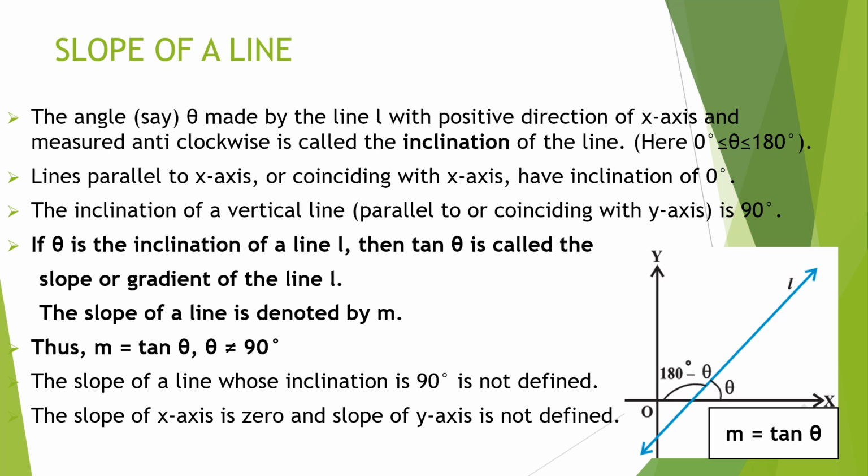That means m is equal to tan theta, and theta is not equal to 90 degrees because you know tan 90 degrees is not defined, because it is 1 upon 0 which is not defined. The slope of a line whose inclination is 90 degrees is not defined, and the slope of x-axis is 0 and the slope of y-axis is not defined.